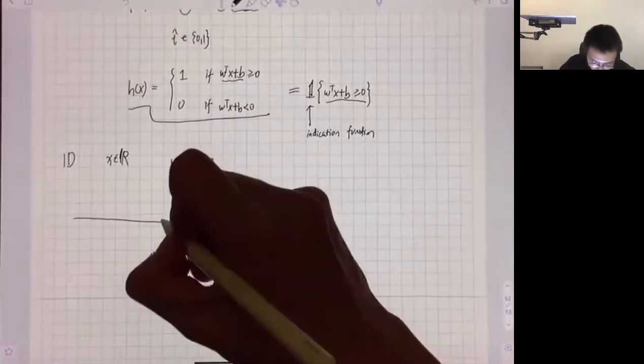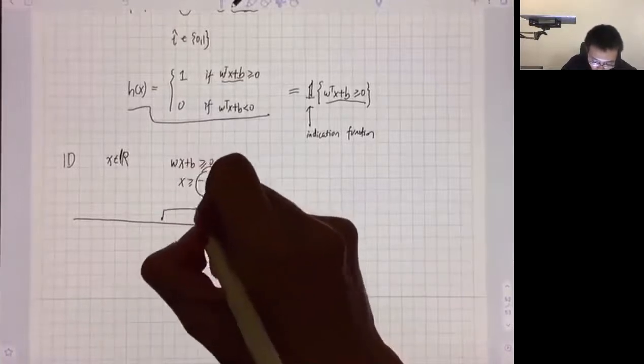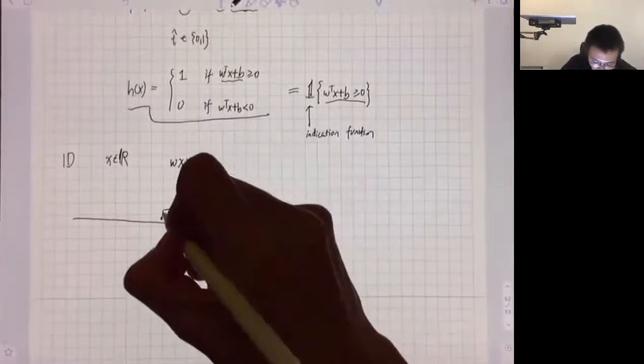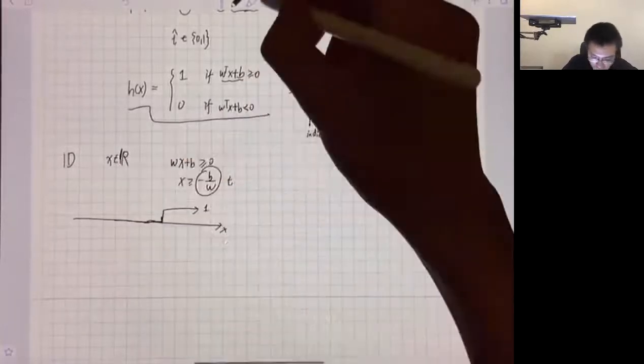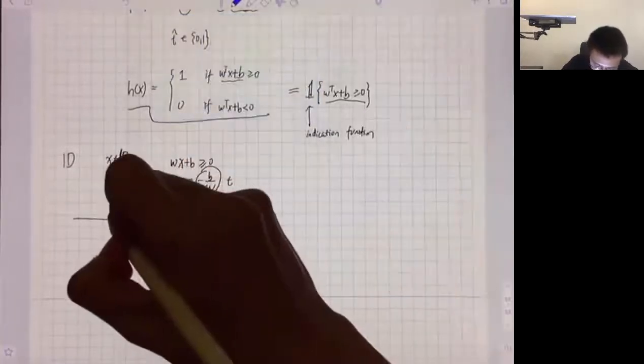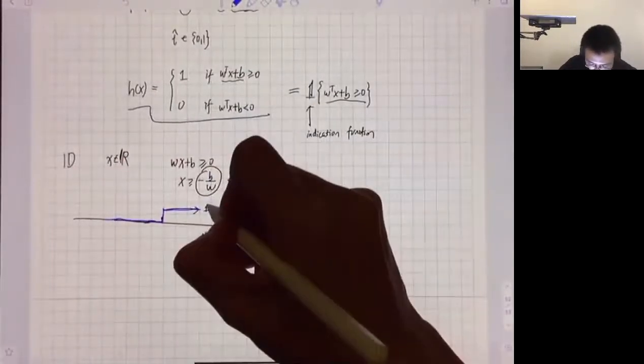If X is greater than or equal to this point, I predict 1. If less than this point, I predict 0. So this is one of my hypothesis functions.